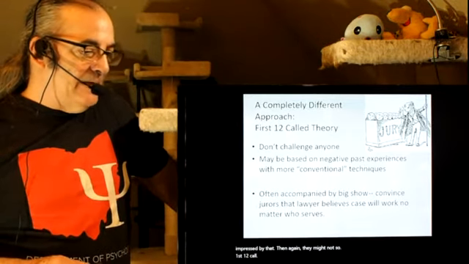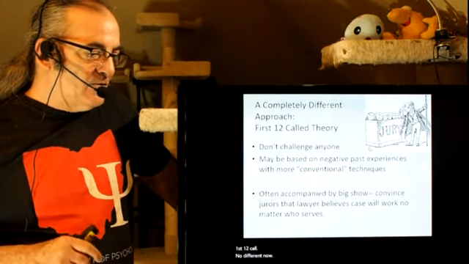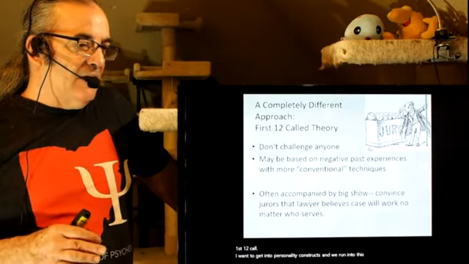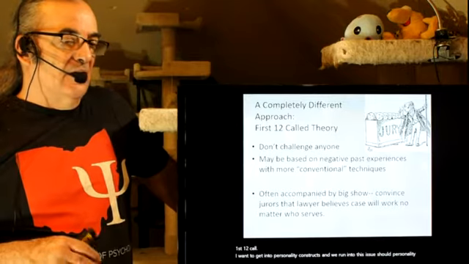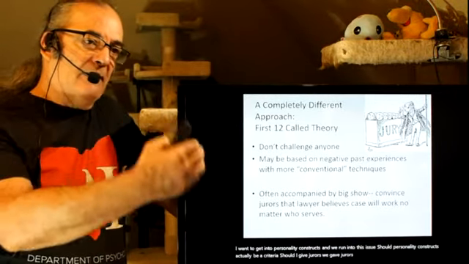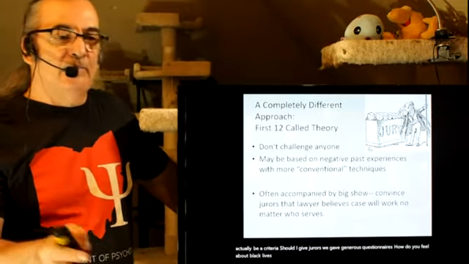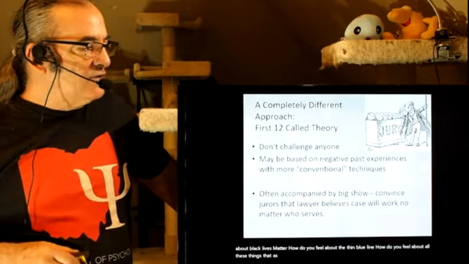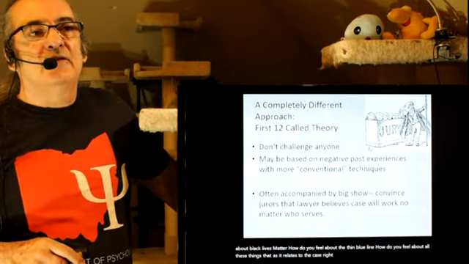A little different. Now, I want to get into personality constructs, and we run into this issue. Should personality constructs actually be a criterion? We can give jurors questionnaires. How do you feel about Black Lives Matter? How do you feel about the thin blue line? How do you feel about all these things as they relate to the case, right, to maybe disqualify jurors?